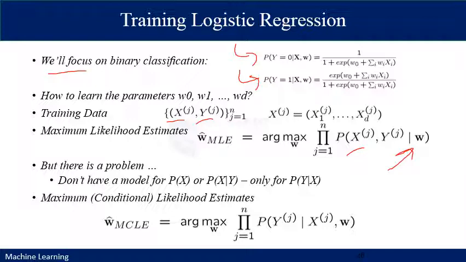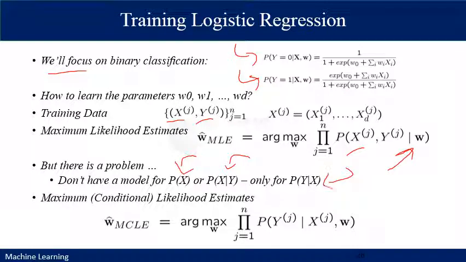But again here we have a problem. We do not have a generative model for calculating prior probabilities or conditional probabilities of input feature vectors given the target.